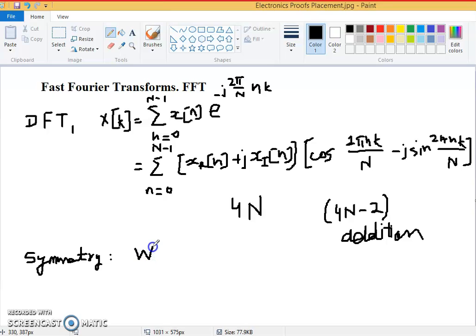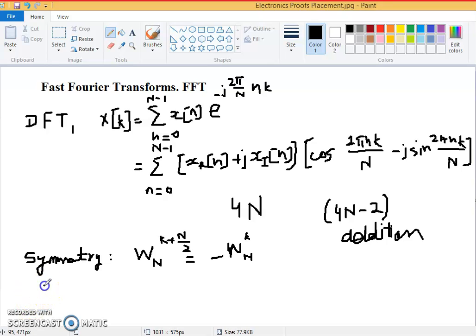It is W of k plus N by 2, where W is of course the twiddle factor, is equal to minus W to the kn. This is the symmetry property.